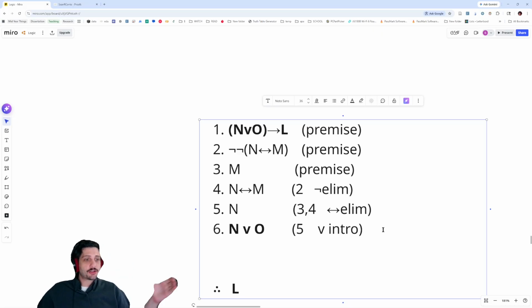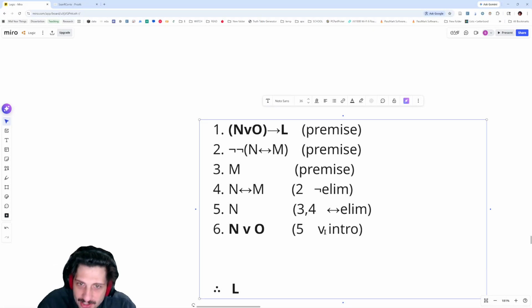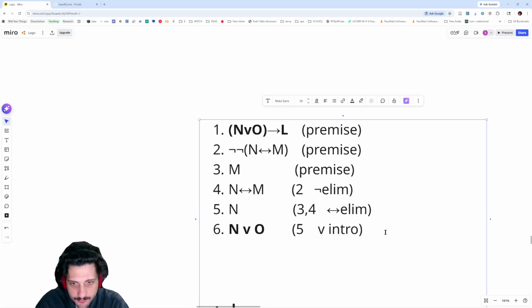You might see a conditional that you know you're going to want to do an elimination with down the line, but what you need to do is construct somehow that left-hand side. It's like you have this lock sitting there for you, and what you need to do is build the key to do it, right? So now that I've gotten N or O from line 5, now I can use line 5, so I'll even do it like this.